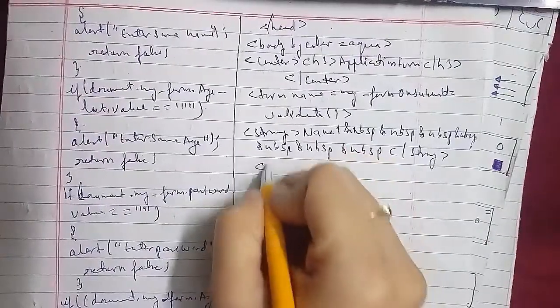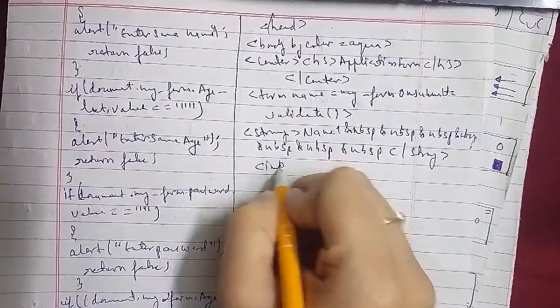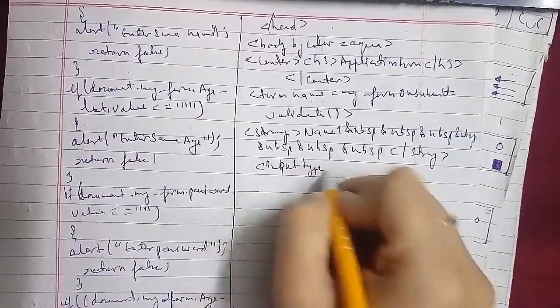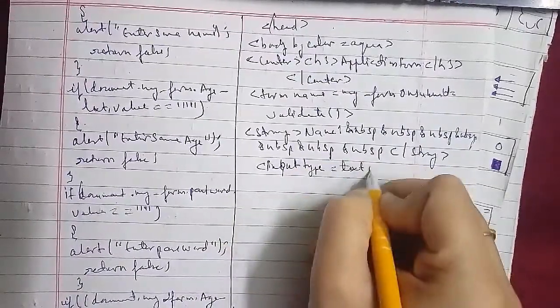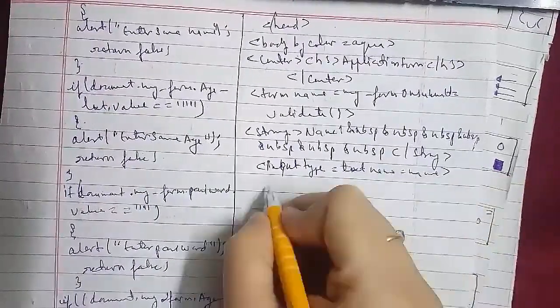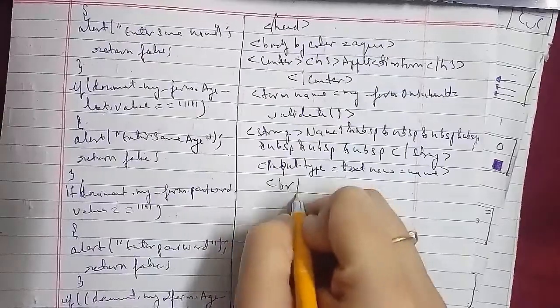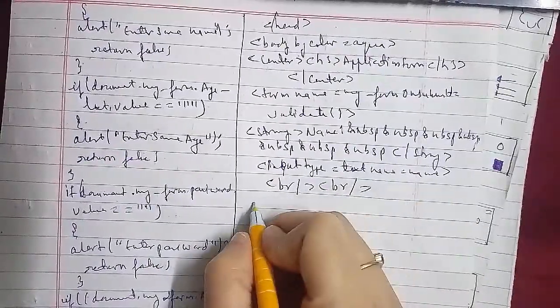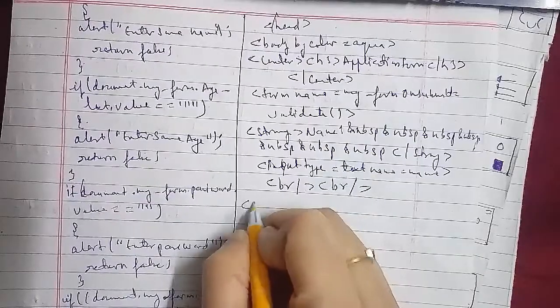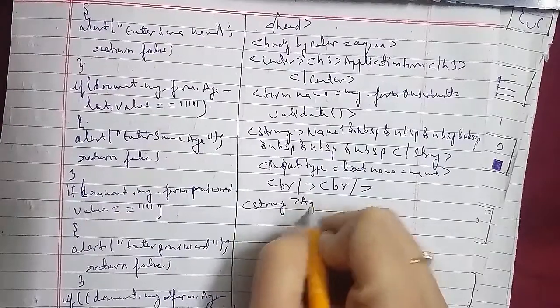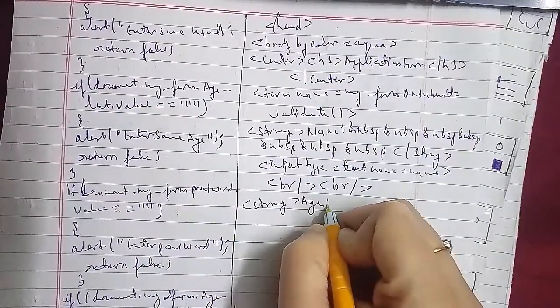Then input type equals to submit value equals to submit. Body tag close, HTML tag close as well.